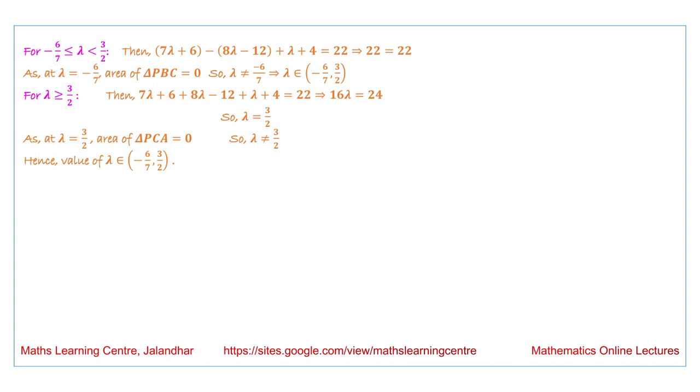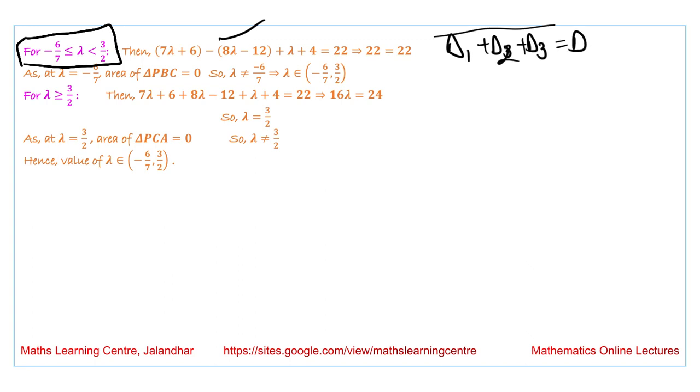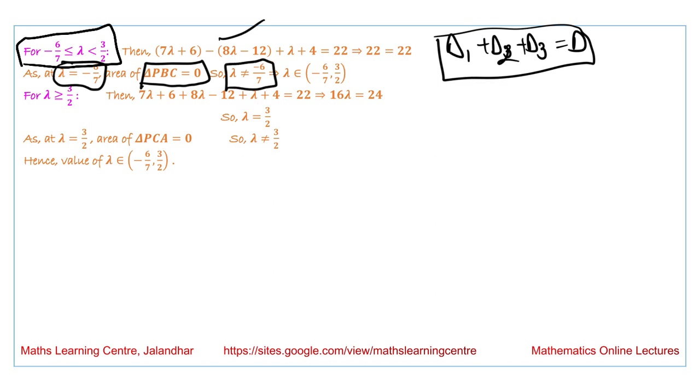The next case is for lambda belonging to this interval, where the given equation is satisfied, that is, the sum of the areas of these 3 triangles is equal to the area of the larger triangle. At lambda equal to minus 6 by 7, the area of the triangle PBC is 0. So it means that the value lambda equal to minus 6 by 7 is not possible.